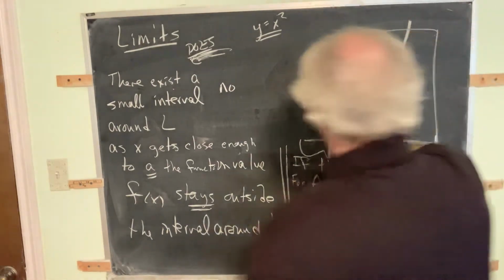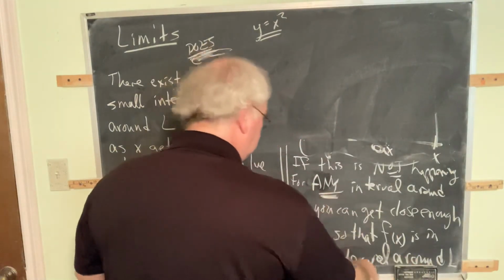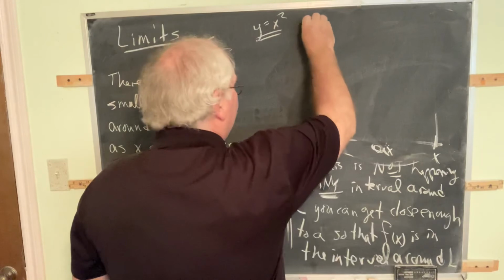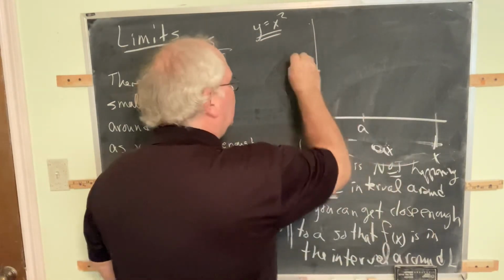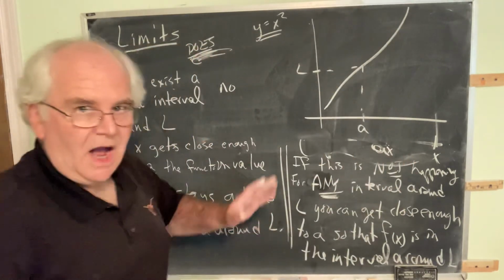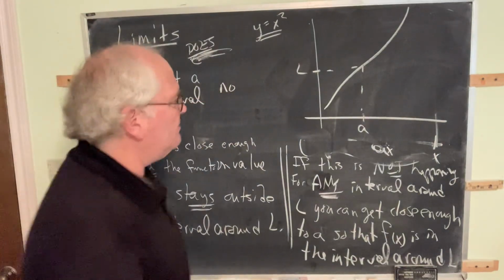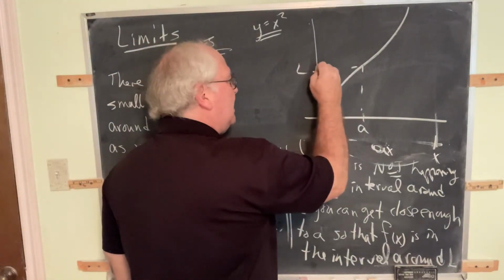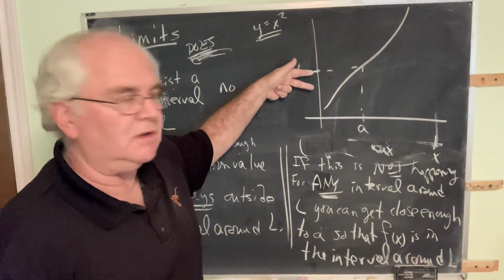Let me draw that picture better here. That would mean this is the picture. Here's A, here's L, there's my curve. I'll draw this relatively large, but understand in reality, the interval I'm drawing is going to be so tiny that you probably couldn't even see it even if you were here physically in the room.